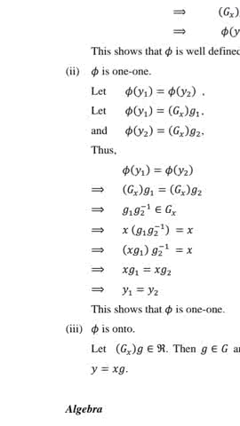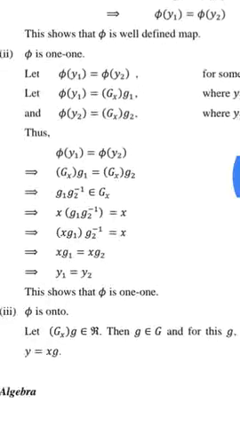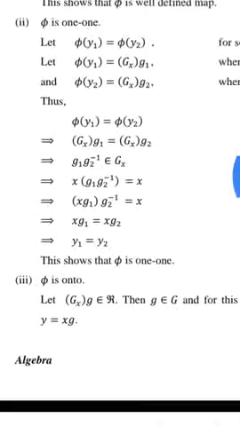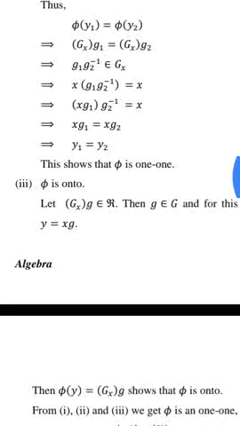Thus, phi of y1 is equal to phi of y2. Therefore, Gx g1 is equal to Gx g2. g1 g2 inverse belongs to Gx. x g1 g2 inverse is equal to x. Therefore, x g1 is equal to x g2. Therefore, y1 is equal to y2. This shows that phi is one-one.